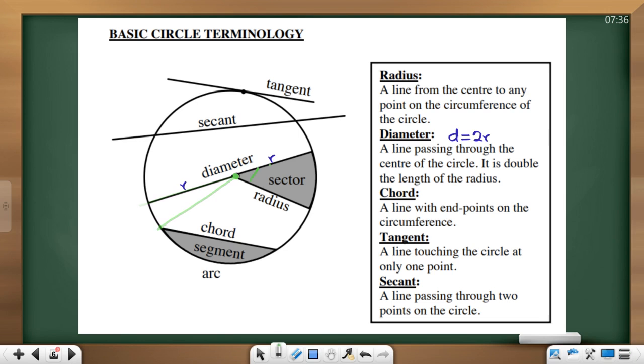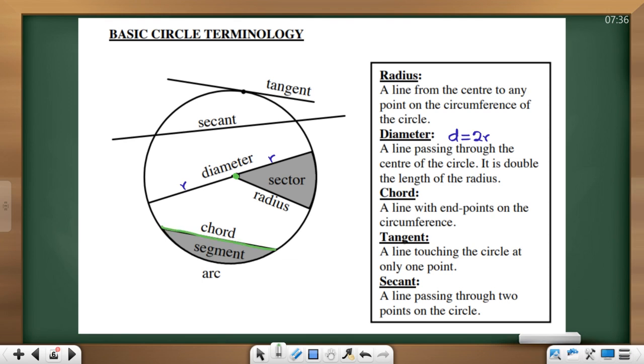Now, look at that small space there. That small space between two radii is called a sector. We're not going to need that word as a reason in our Euclidean journey for now. Okay, so let's move on. Now look at a chord. A chord is almost like a diameter. I want you to listen to the difference.